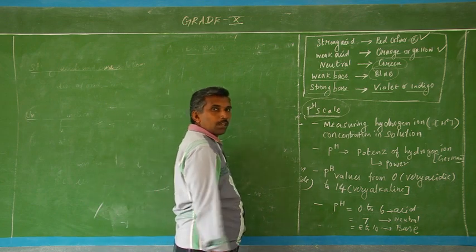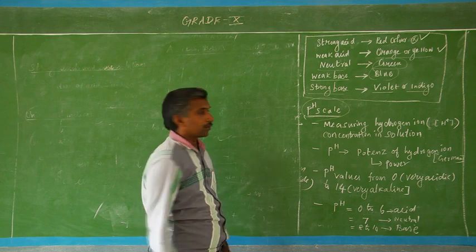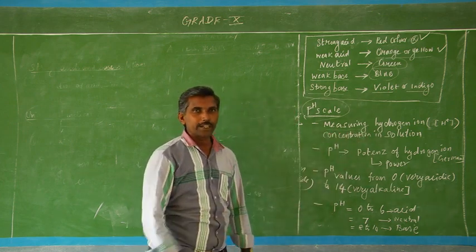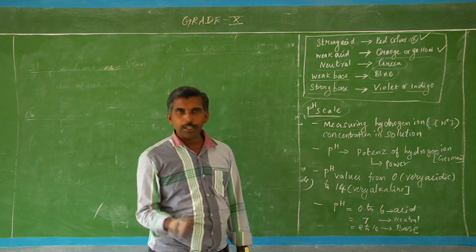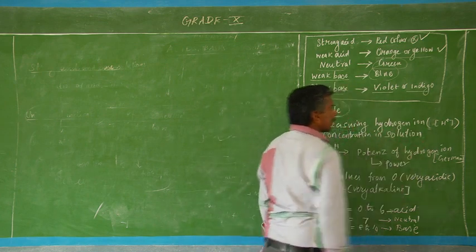pH definition: measuring of hydrogen ion concentration. Quantitatively measuring, not qualitative. On how much amount? 10% or 5% or 100%? That is measuring hydrogen ion concentration.